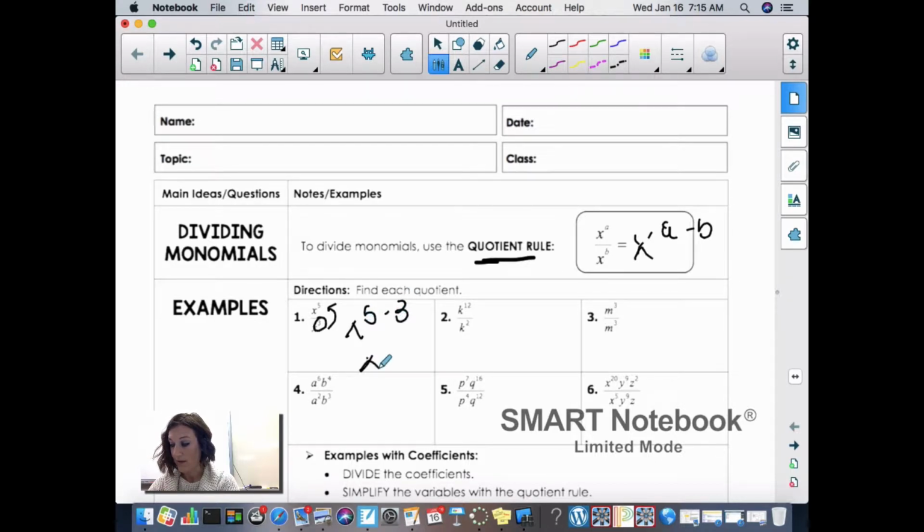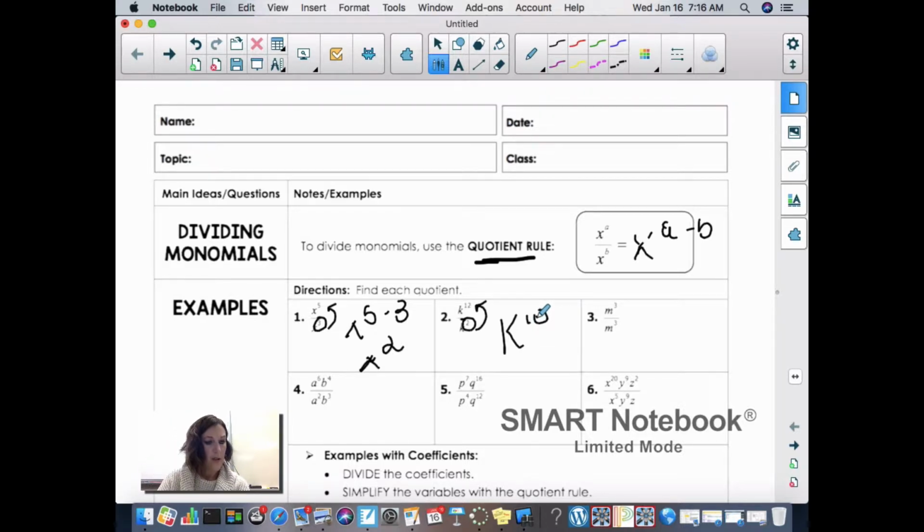So x squared. Okay, number 2, I have k to the 12th over k squared. So I take that small exponent to the large and I subtract. So it is 12 minus 2 in the numerator, so k to the 10th power.